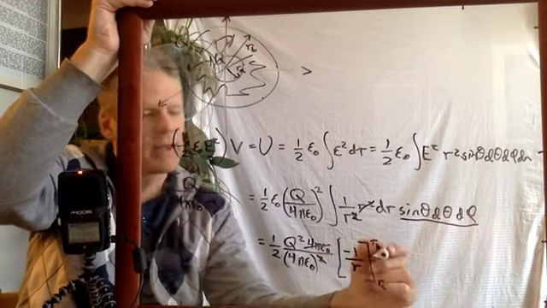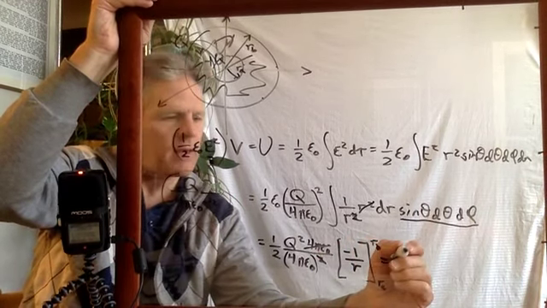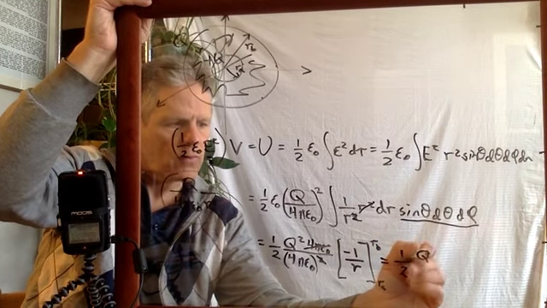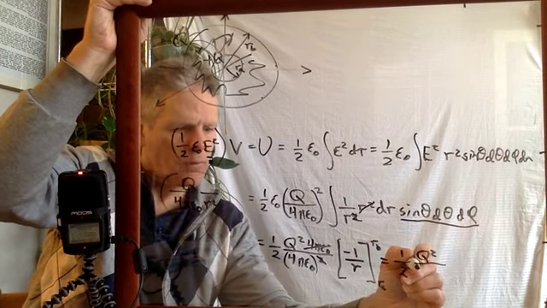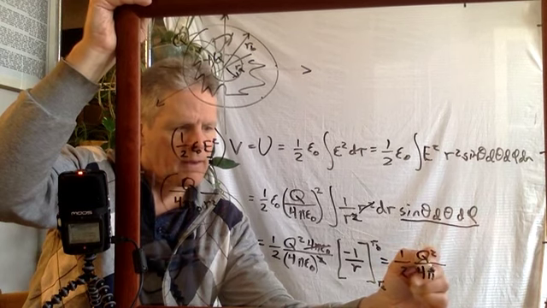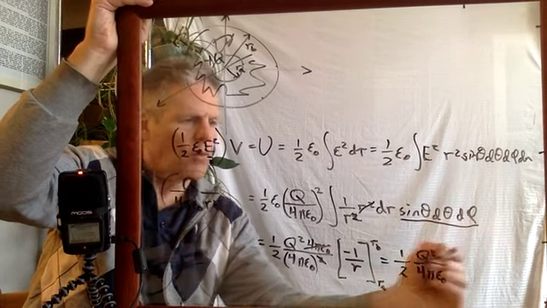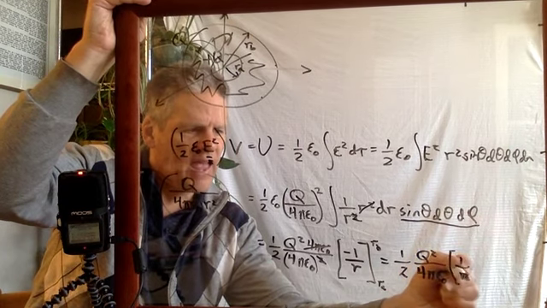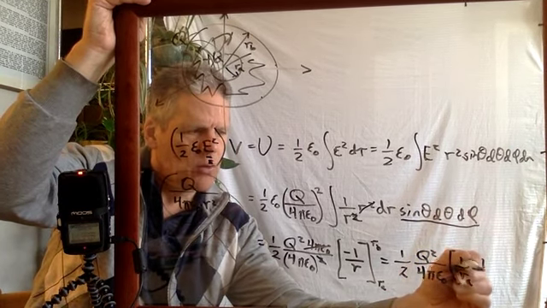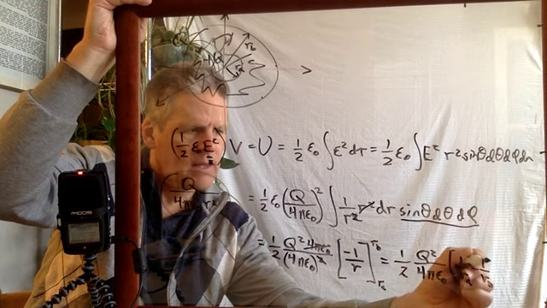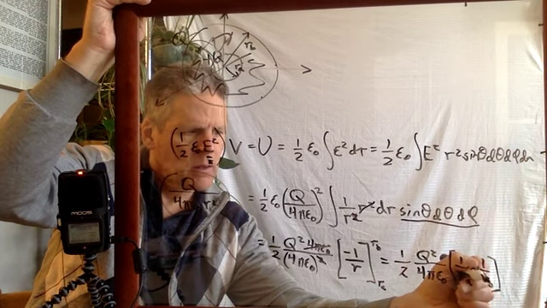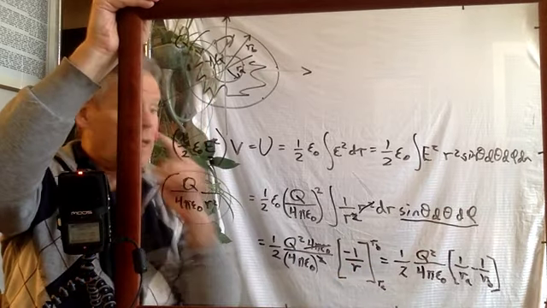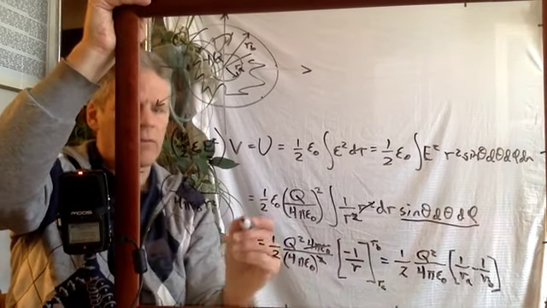But there's a minus here, so what this ends up being is 1/2 q squared over 4 pi epsilon 0 times 1 over RA minus 1 over RB. Okay. And that's it. We're done.